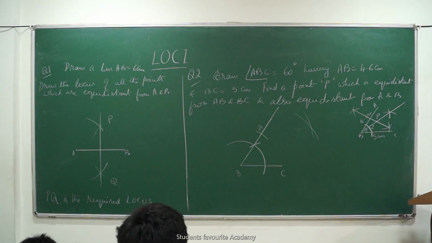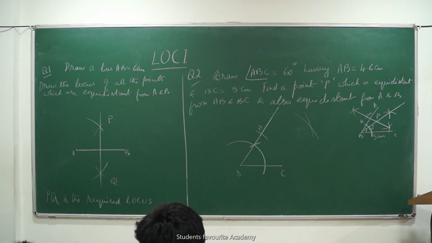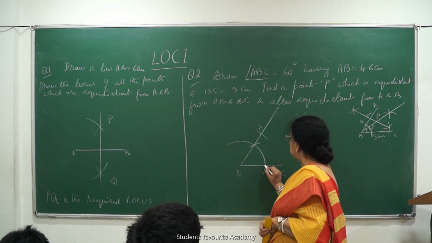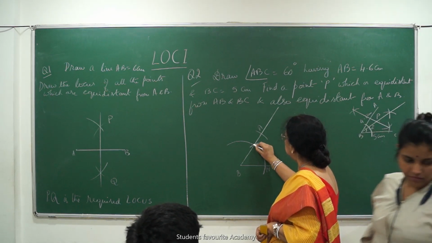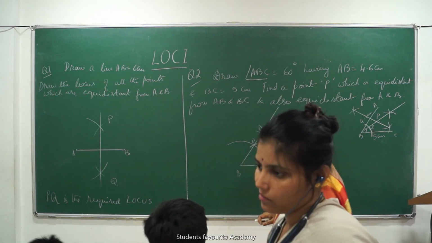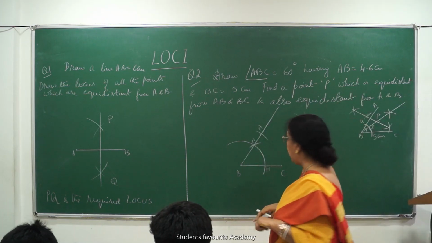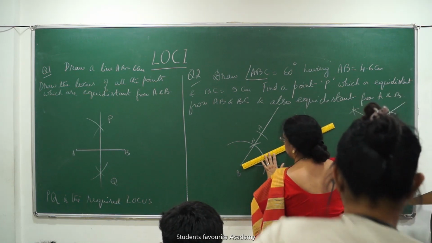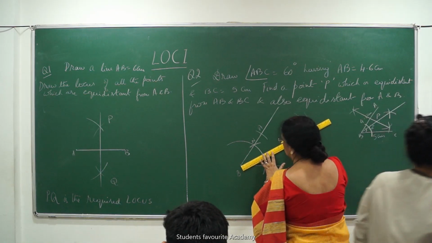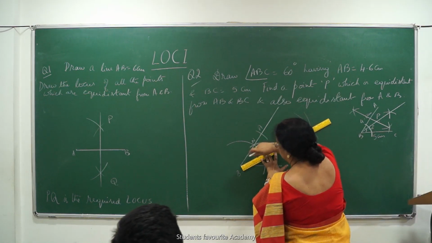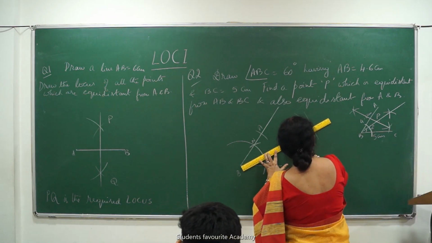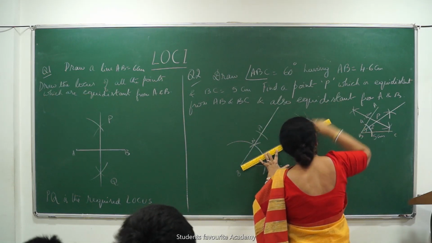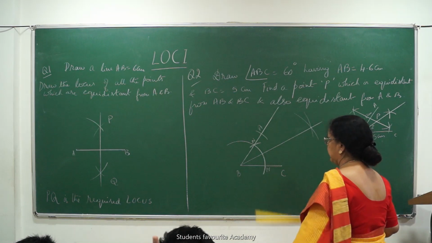Call this M and this N. So from M and N, I have drawn these 2 arcs. Now the point of intersection and B you will join. So this is the angle bisector.